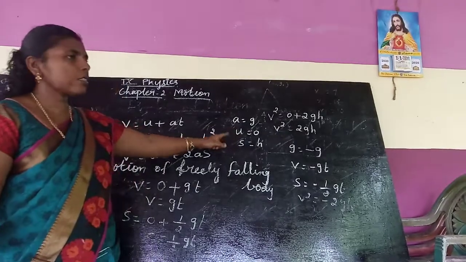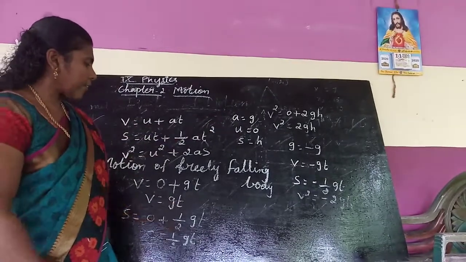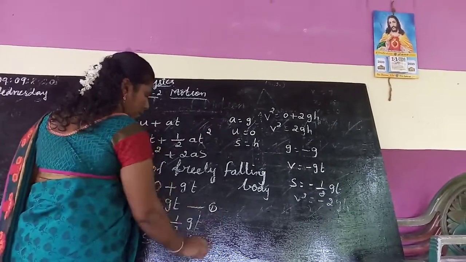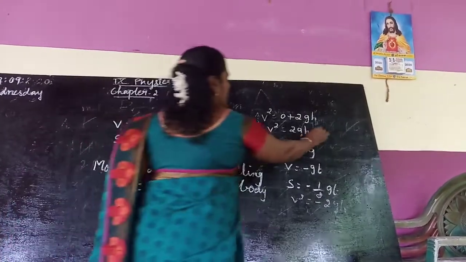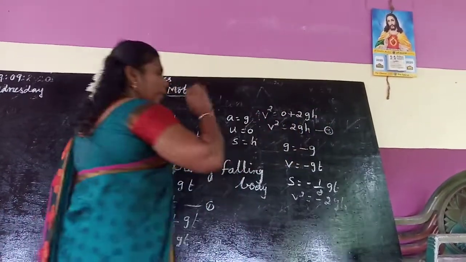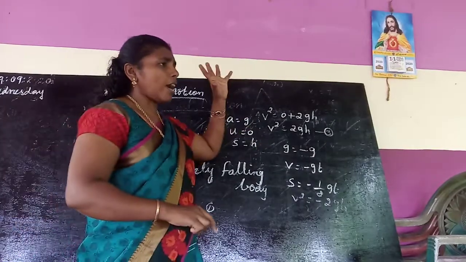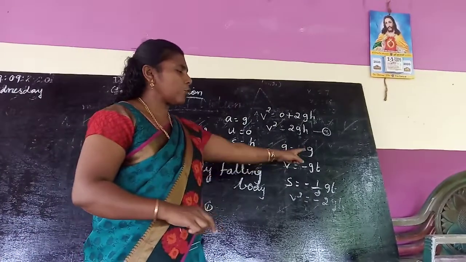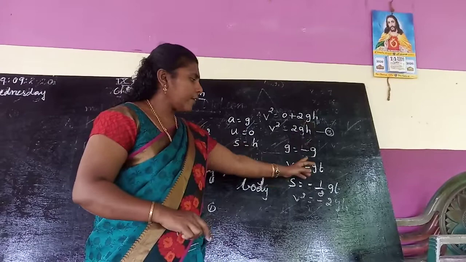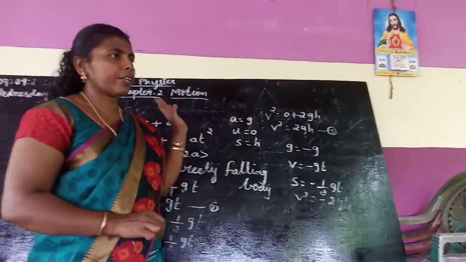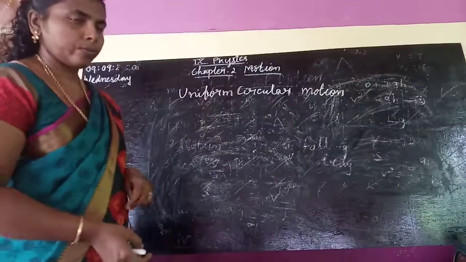By using this substitution, we get the 3 equations: equation number 1, equation number 2, and equation number 3. And suppose the object moves against the gravitational force, g equals minus g; then we substitute all the values and we get these 3 equations. Can you understand? Yes.